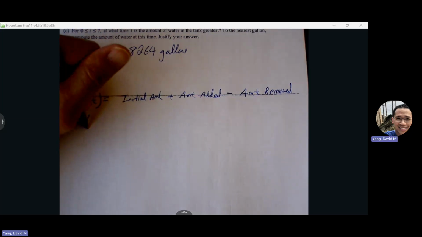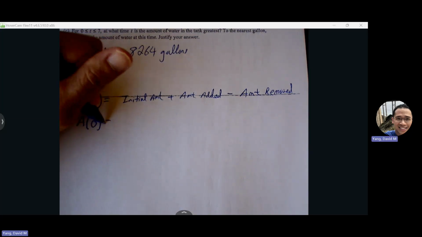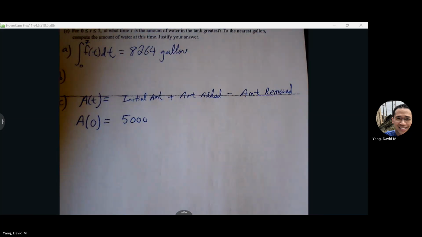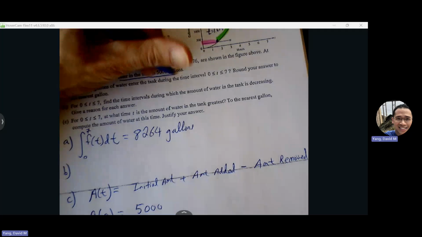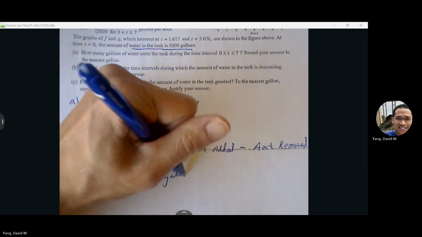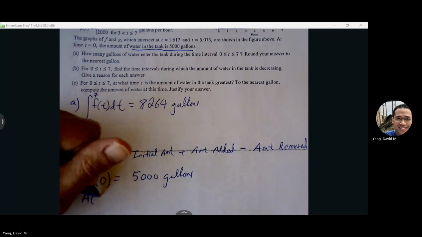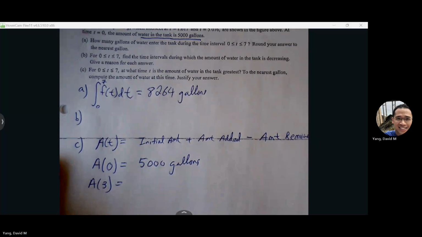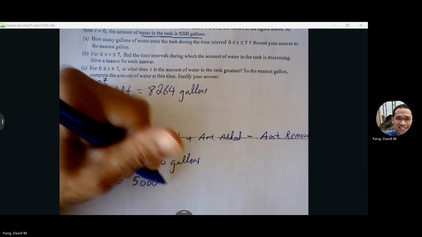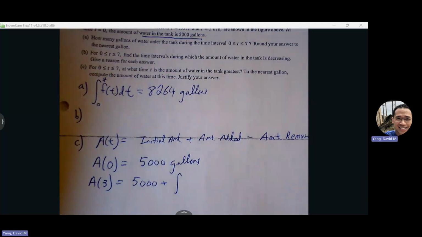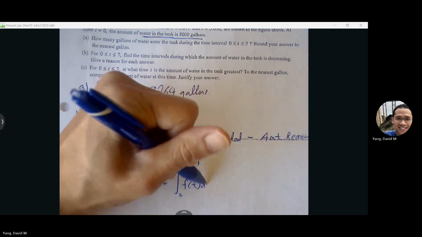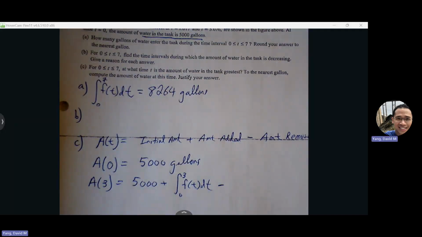So we're going to test 0, 3, and 7. A of 0 is just going to be 5,000. This says the initial amount of water in the tank is 5,000 gallons. A of 3, we're going to include the 5,000 plus the amount added, so from 0 to 3 of f of t, minus the amount removed.